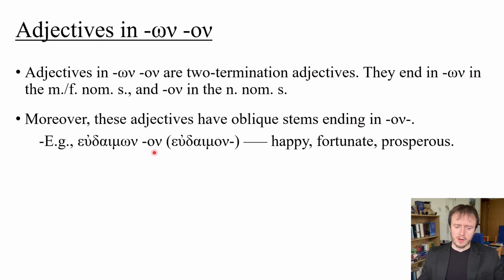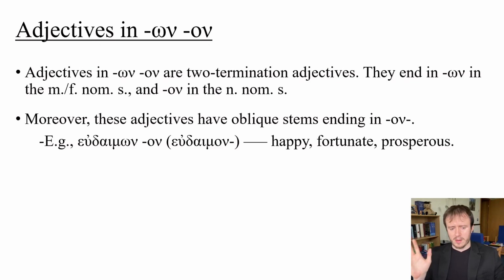In the neuter nominative singular, it would be εὔδαιμον, with omicron nu as the ending rather than omega nu. And the oblique stem is εὐδαιμον-. So this is the stem that the endings would be added onto following the nominative singular form in the masculine/feminine, or following the accusative singular form in the neuter.